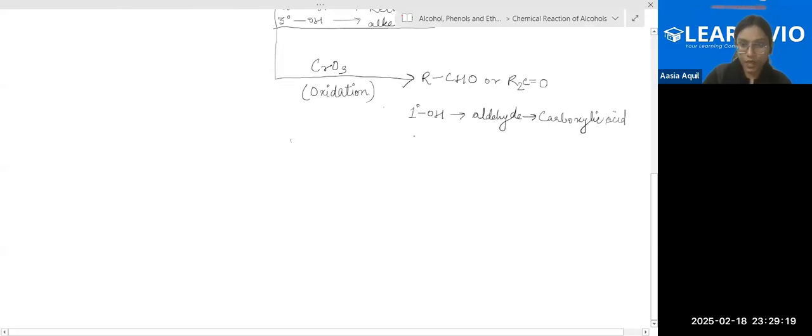And if your alcohol is secondary, then you will get ketones. Hope you get it. Let's see some examples.